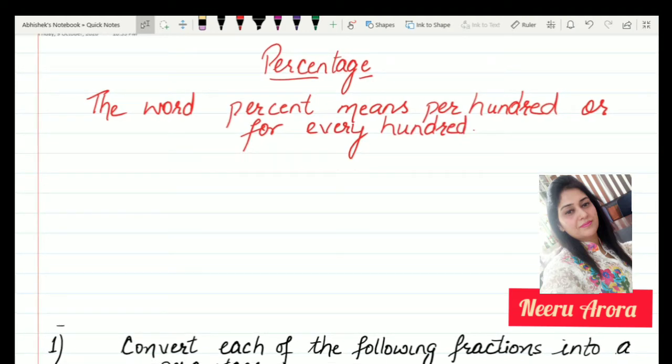It is represented by a symbol, percent. This is the symbol of percentage.